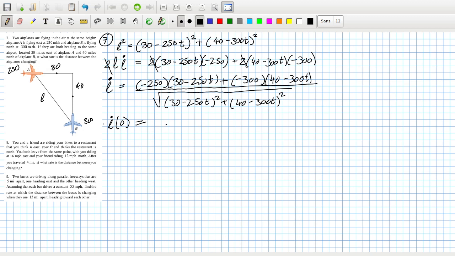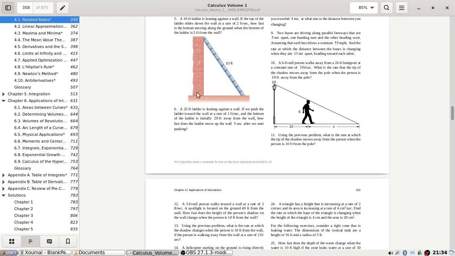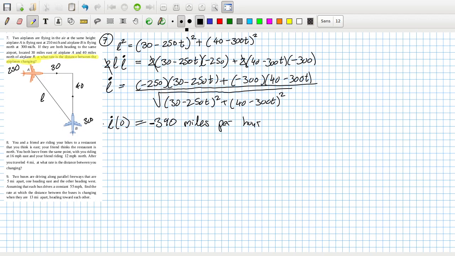Yeah, and it's got a minus, so it's 390 miles per hour, but minus because the distance is decreasing. I feel like the negative should be there because it matters because they're getting closer. So maybe I'll open a ticket about that.